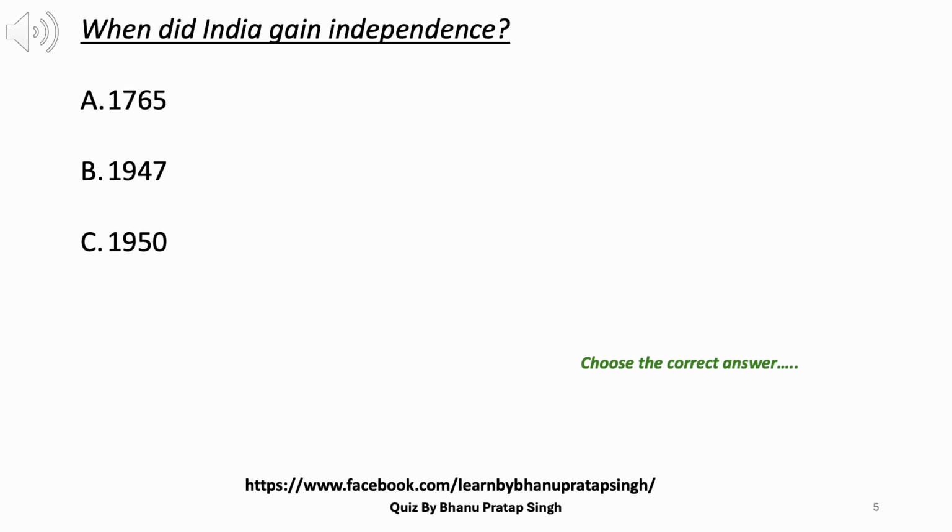5. When did India gain independence? A. 1765. B. 1947. C. 1950. Please think through the answers. Answer: B. 1947. 6.